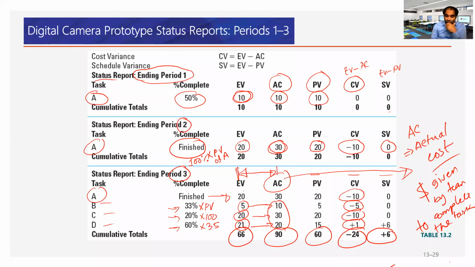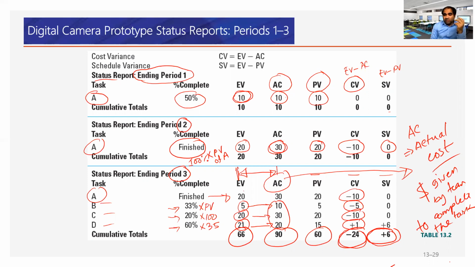The schedule variance looks like the project is ahead. Schedule variance is an indication of the timeline of the project with the dollars spent. Cost variance looks like it is slipping.